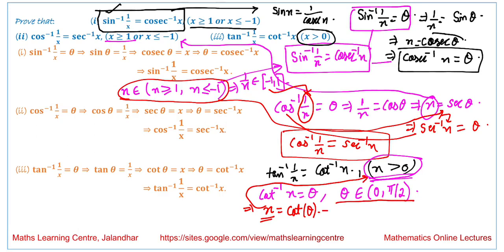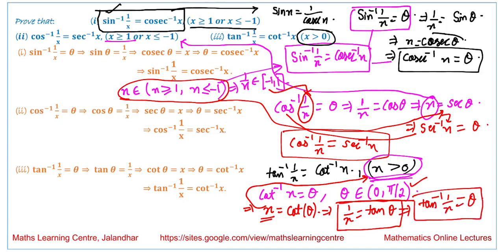So this implies that 1 by x is equal to tan theta, where theta belongs to the interval 0 to pi by 2. So 1 by x is defined and tan theta is also defined. This implies that tan inverse of 1 by x is equal to theta.